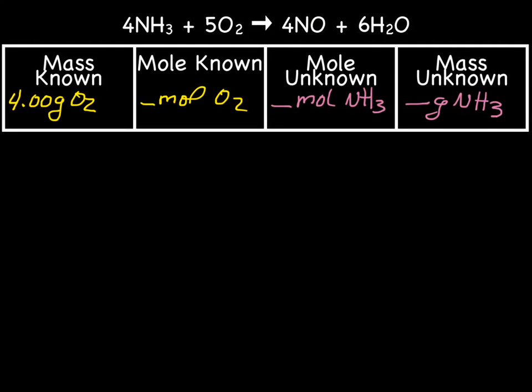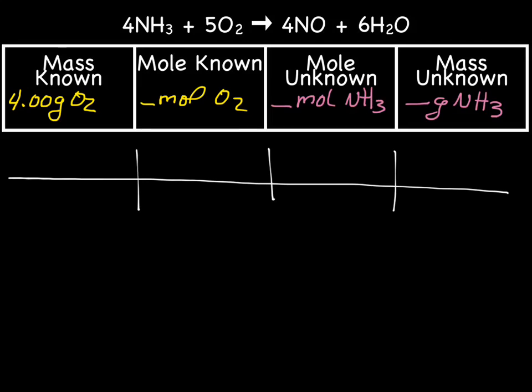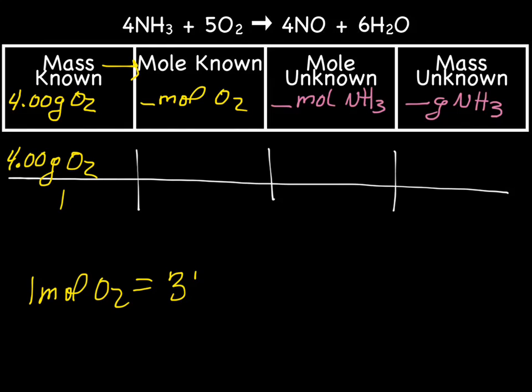All right, so once again, we have a problem with 4 grams. We'll start with 4 grams O2 over 1. To convert from mass known to mole known, we're going to use 1 mole of the known, which is O2, equals the molar mass of the known, which is 32.00 grams O2.